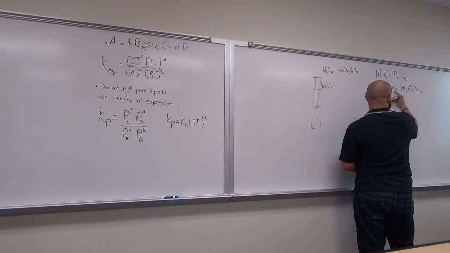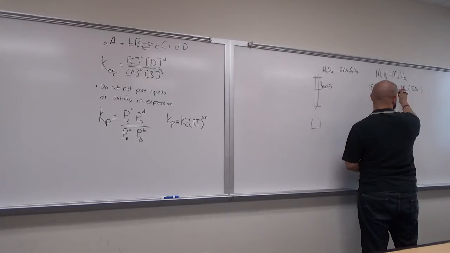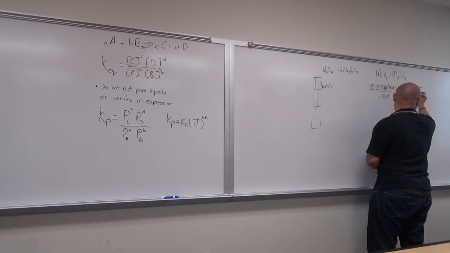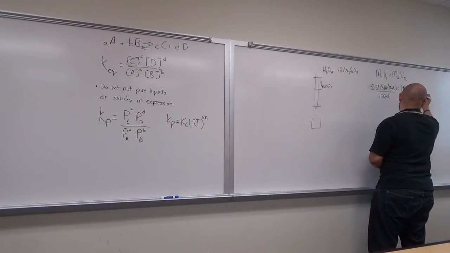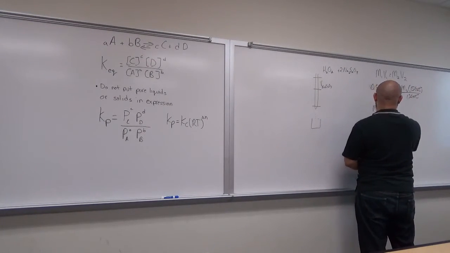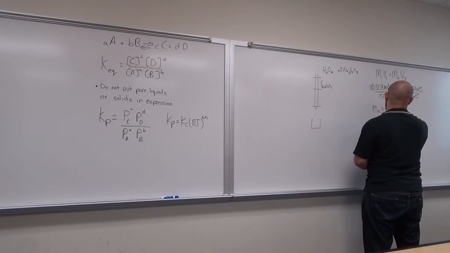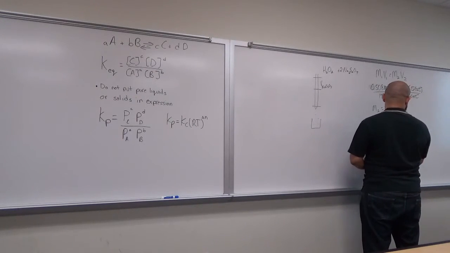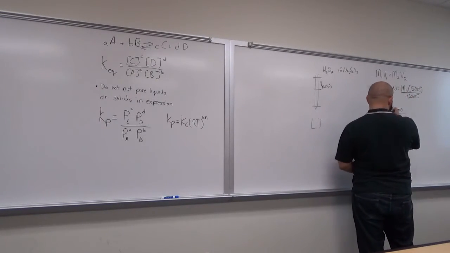If you do the math here, you see milliliters cancels out. You're left with M2 is equal to 0.508 molar times 10 over 150. Because you're now left with molarity.